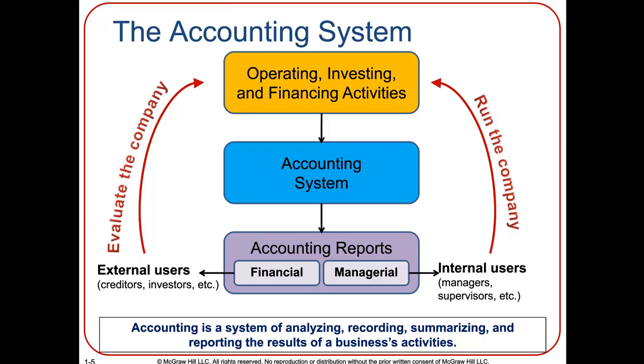In ACC121, we live on the right-hand side of this chart because now we're looking at managerial type information to figure out how we manage our business better, versus in this one, we're looking to produce external financial statements to send to the bank, to send to a company that we want to do business with. Maybe we want to buy things from them, but they need to know what kind of financial situation we're in to know how much credit to allow us access to.